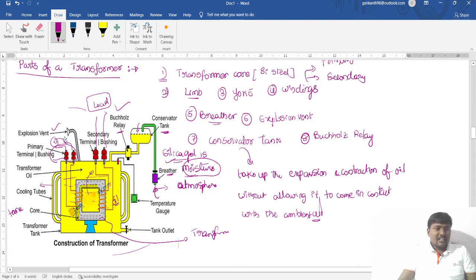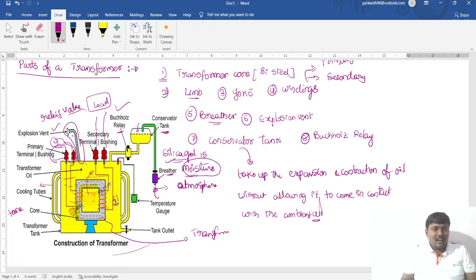And finally, this is the explosion vent. If you observe this explosion vent, it is just like a bent pipe fitted on the main tank, which acts as a relief valve.